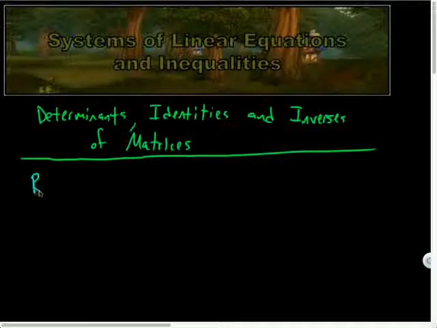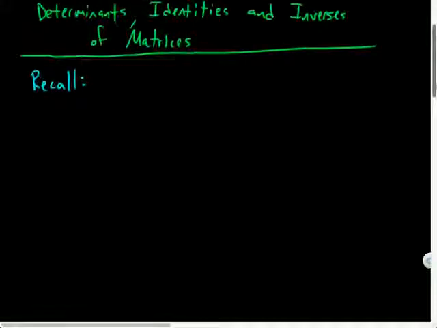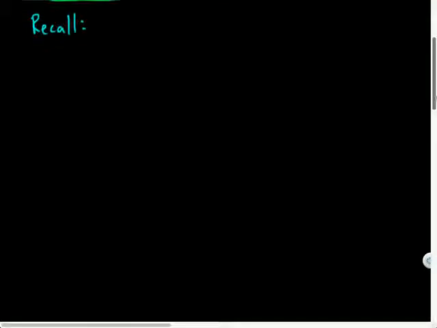So the first thing I want to talk about is some recall. I'm going to talk just about numbers instead of matrices, just for quick recall, and figure out what is the additive identity.